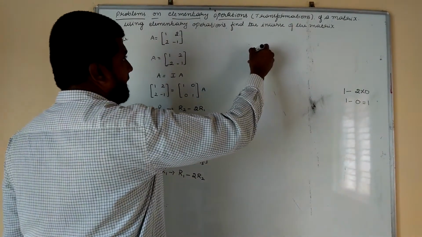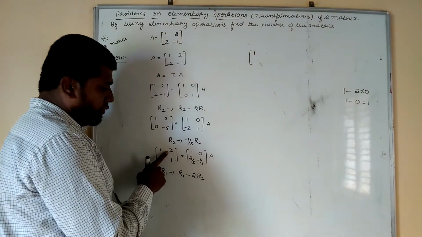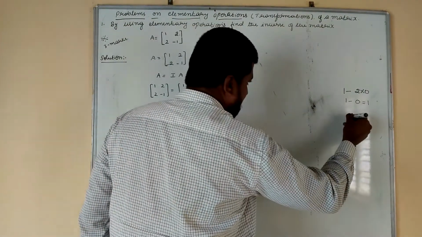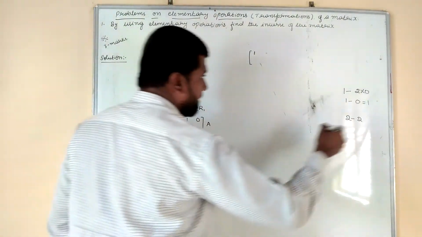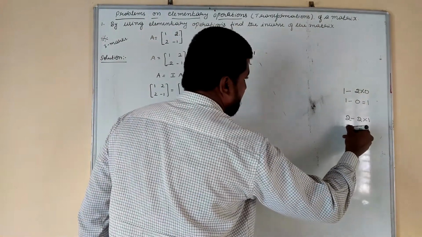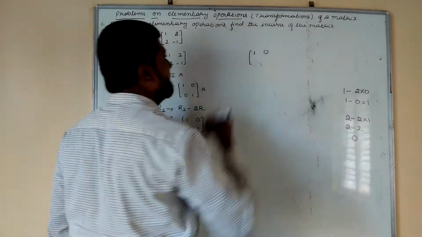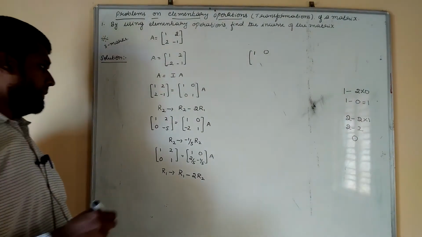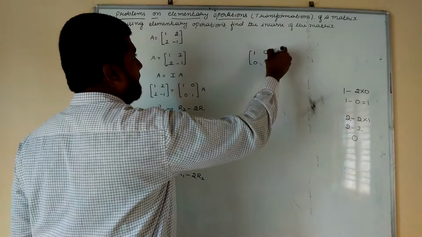So now let us write here, R1 first element is 1. Now 2 minus 2R2. 2R2 means 2 into 1, that is 2 minus 2, you are getting 0. So this is 0. Now write the second row the same, 0 1.